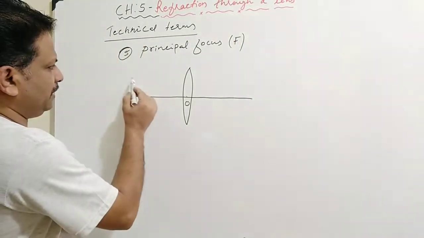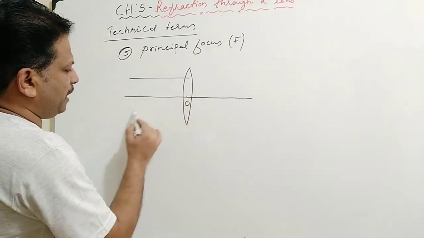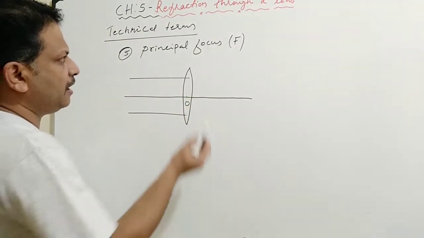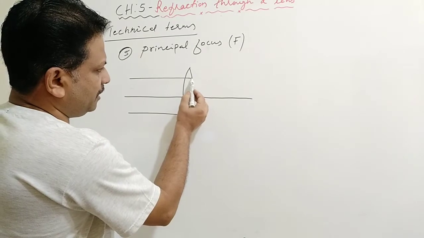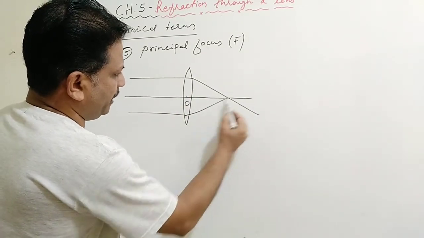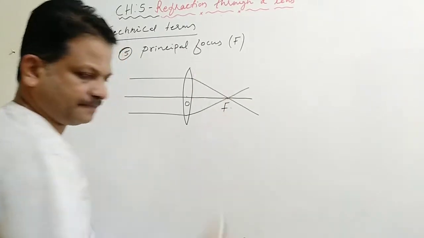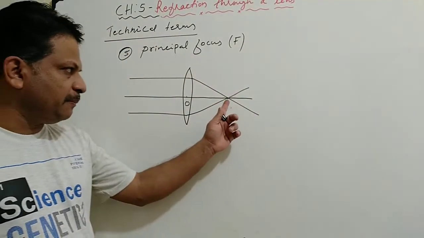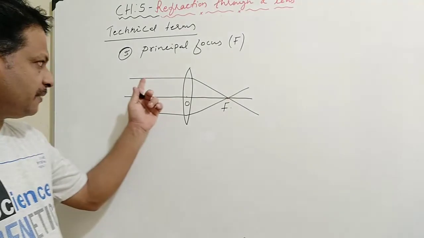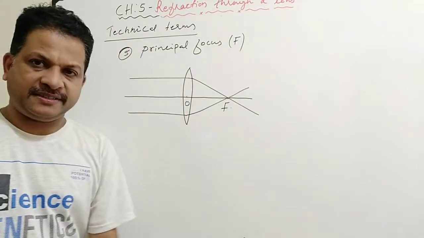As you know, rays of light traveling parallel to the principal axis, after refraction, will always travel through a point, meeting at a point called the principal focus. So principal focus is the meeting point of light rays after refraction through a convex lens.